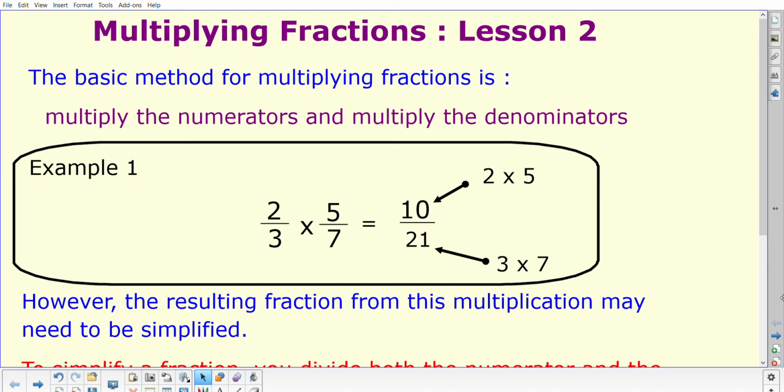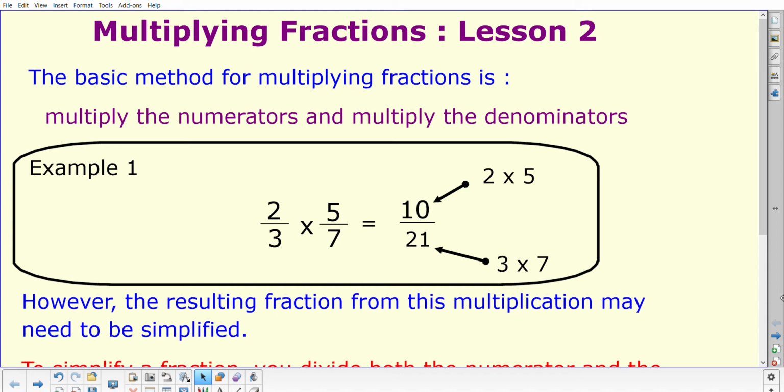So, basic method, just to go back over this: if you're multiplying together two fractions, you're going to multiply the numerators and multiply the denominators together. So for example here, you can see 2/3 times 5/7. You're doing 2 times 5 on the top there to get 10, and on the bottom 3 times 7 to get the answer of 10/21.